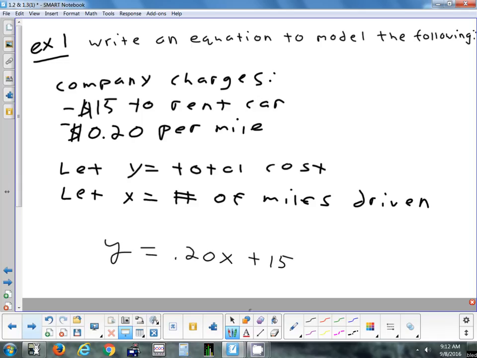So that's a formula. You tell me how many miles you drive, I can plug it in, and then I can find the cost. The point here wasn't to give you a really hard problem to solve. I wanted to give you one that was pretty straightforward. Now we're going to do some stuff on the graphing calculator with this, and some algebra. But any questions on that equation?